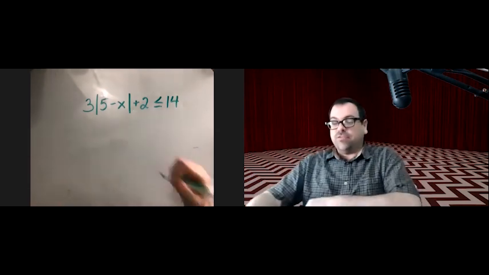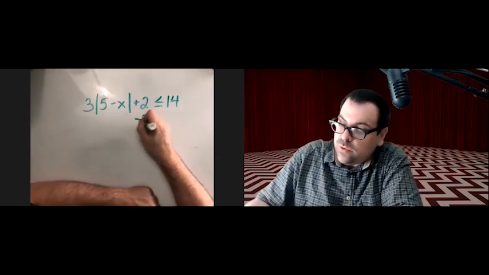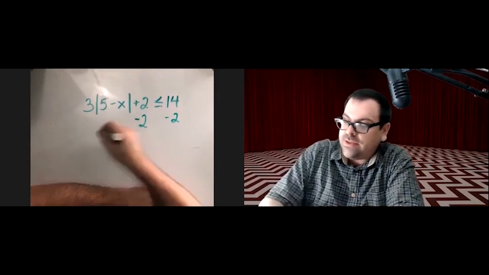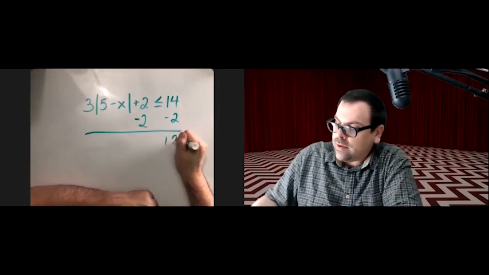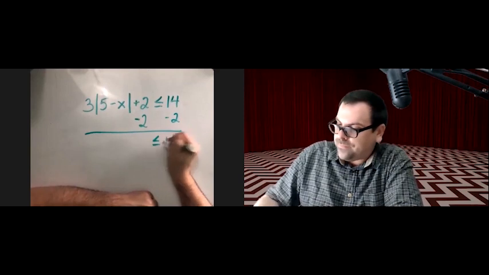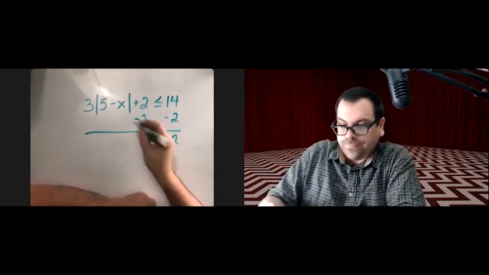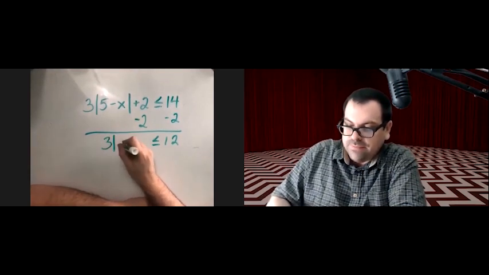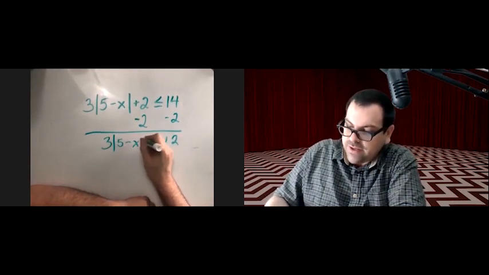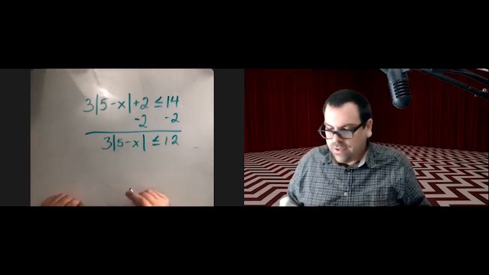So hopefully you've been able to subtract 2 from both sides. That gives us 3 times the absolute value of 5 minus x on the left.